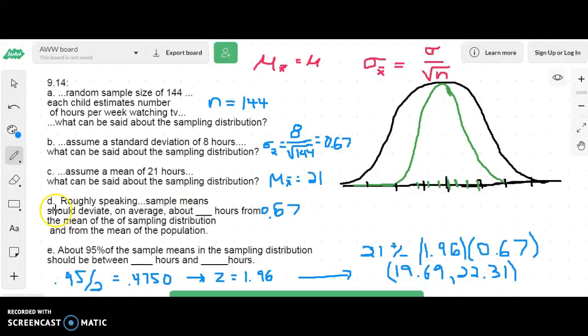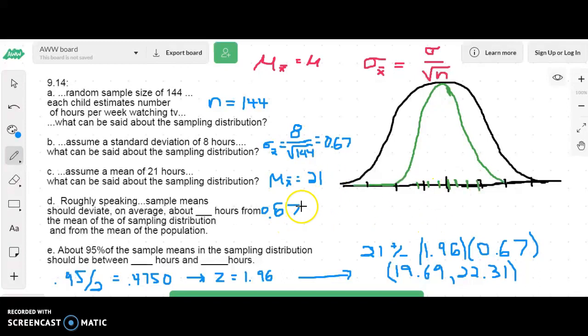The next question says, roughly speaking, sample means should deviate on average about how many hours from the mean of the sampling distribution and of the population? If both means are 21, then we know that the standard error is 0.67. Roughly speaking, the means of all the different samples are going to deviate on average about 0.67 hours from the mean.